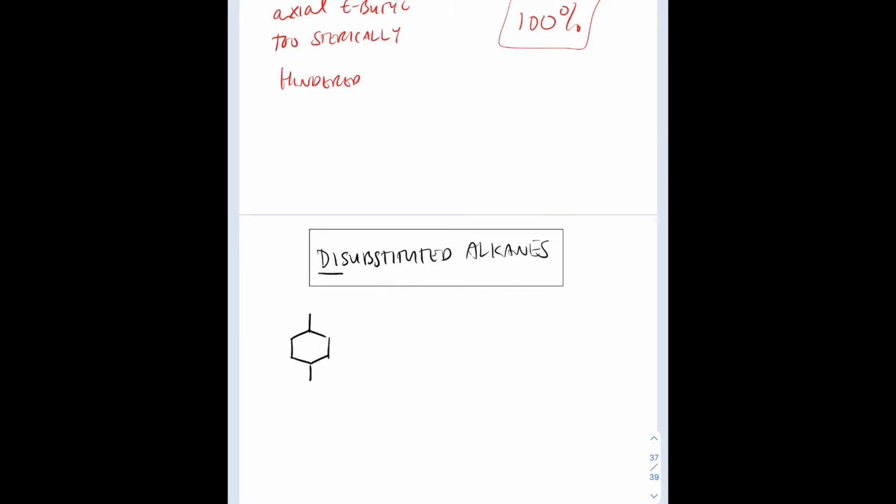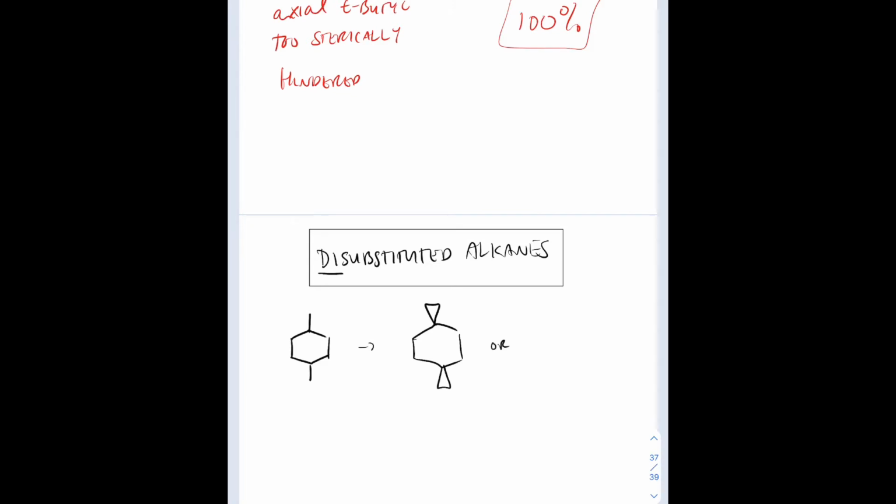Okay, so what this does, this allows us to introduce some additional concepts, something called cis and trans. First let me draw you an example of a cis and trans in this particular format.